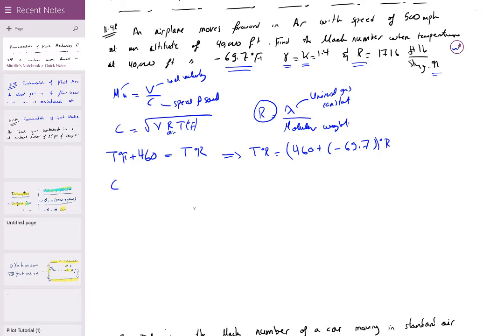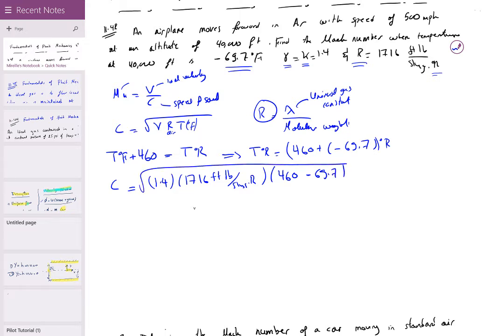Now C equals the square root of 1.4 times 1716 feet-pound per slug degree Rankine times 460 minus 69.7, which gives me 968 feet per second.